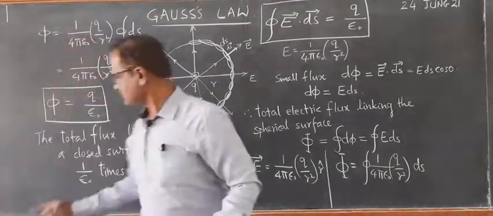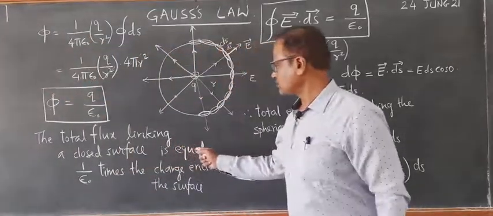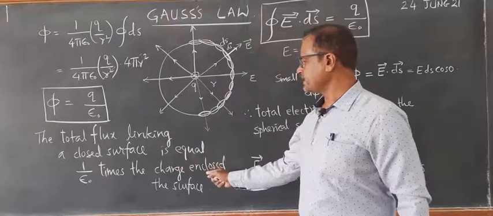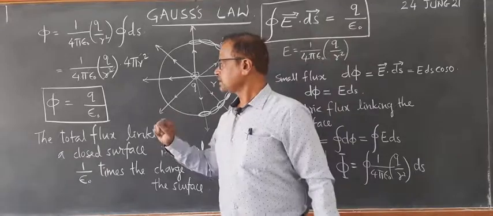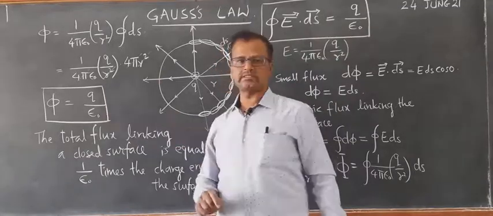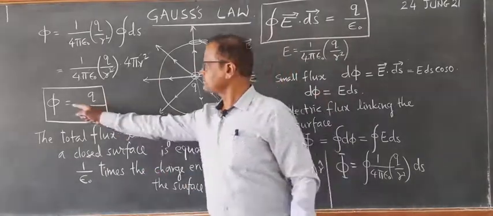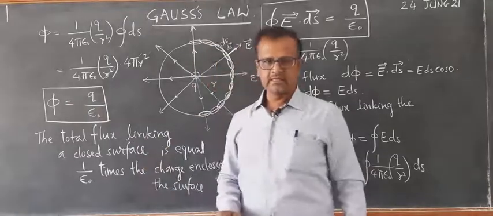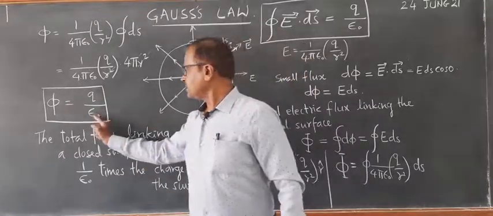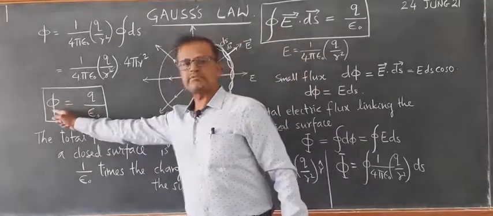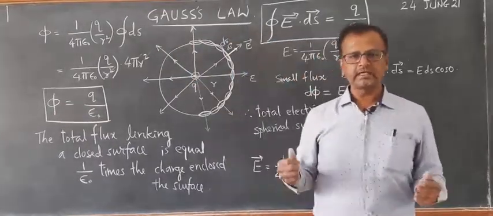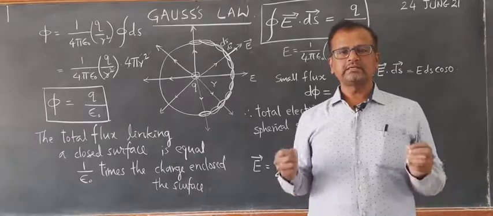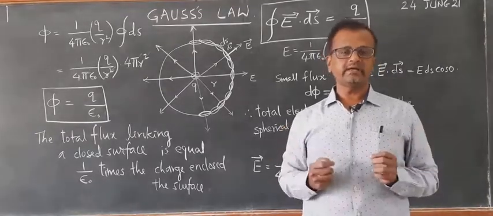The total flux linking the closed surface is equal to 1 by epsilon naught times the charge enclosed by the surface. Now, if you know the value of flux, and you multiply epsilon naught times flux, you get the charge enclosed. We will see certain examples and conditions for applying Gauss law.